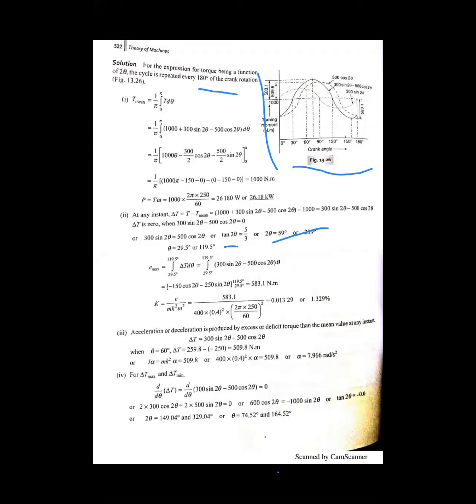So when we find the first value, it is also added with 180, and we again get the crank rotation. After each revolution, when we add 180 to that 239, that is taken as our second limit. That is the reason how we get the second value.